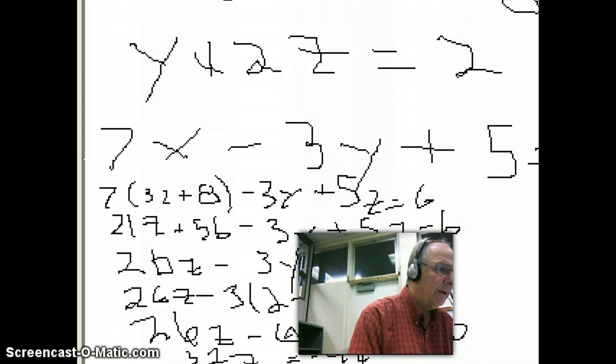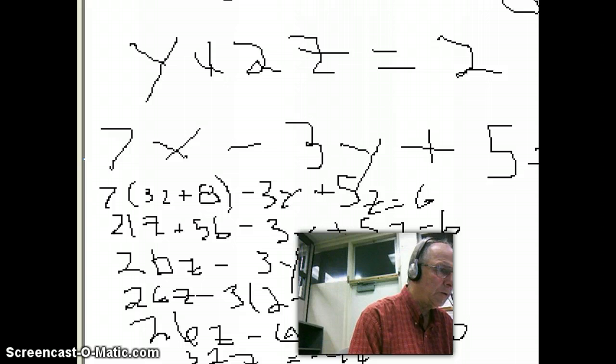So we have 32z divided by 32, and that would be negative 44 over 32.